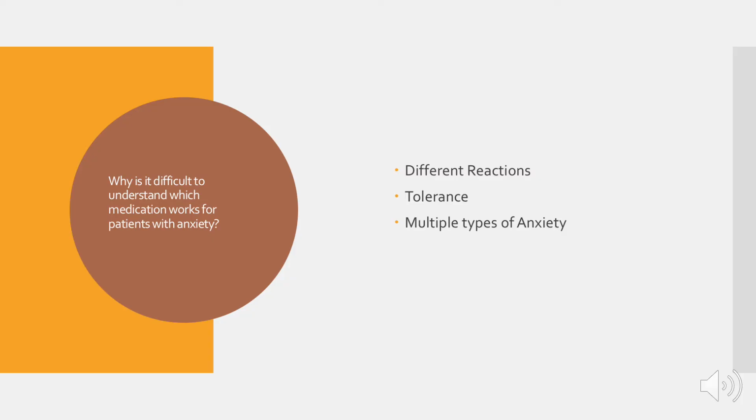Also, some individuals might have other kinds of mental or health disorders and issues that can play into how they tolerate drugs. So there are a lot of factors that have to be considered when giving anxiety medication to a patient. There's not really a one fits all type of pill that can be given to patients with anxiety.